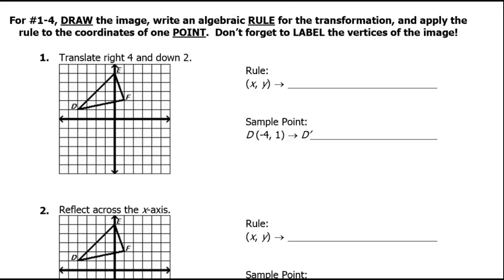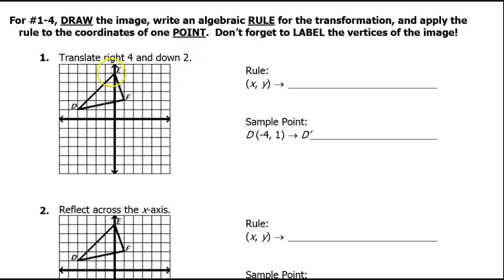So let's do the actual problems now. We are going to draw the image, write a rule for the transformation, and apply the rule to the coordinates of a point. Don't forget to label the vertices. Okay, here we go. So we're going to translate right 4 and down 2.